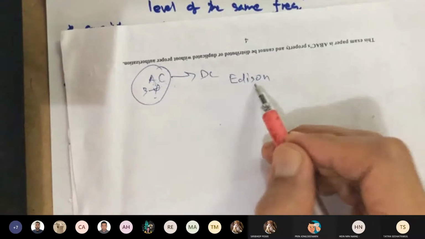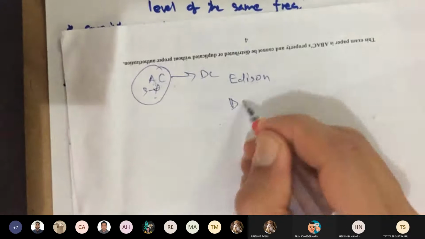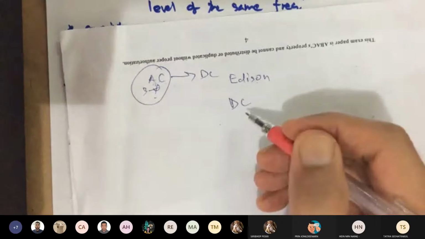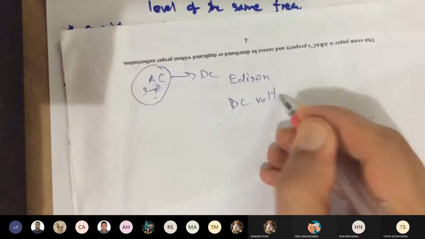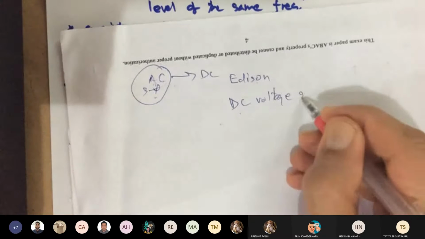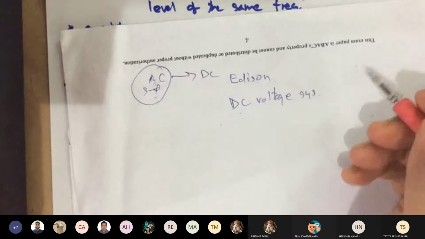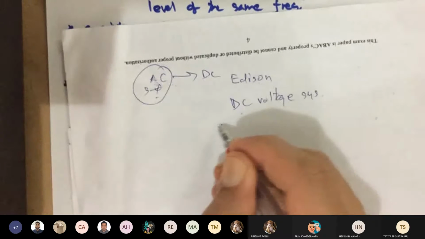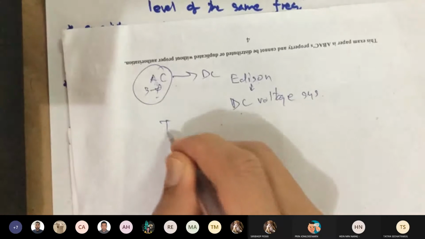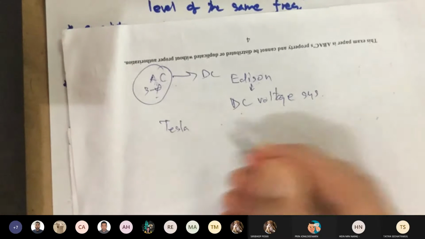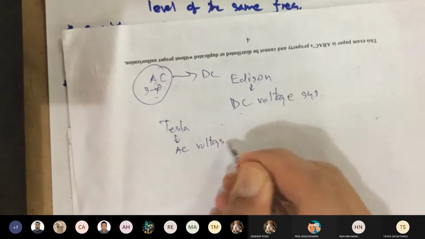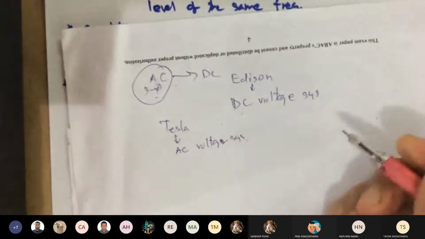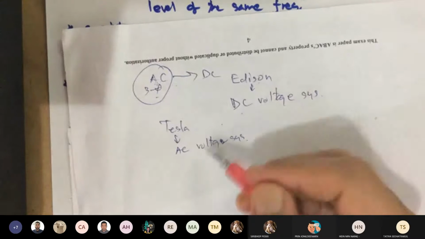But Edison liked DC. What's the term in English? A proponent of the DC voltage system. Tesla, on the other hand, said, hey, I like AC. He liked the AC voltage system. So there was a fight between the two.